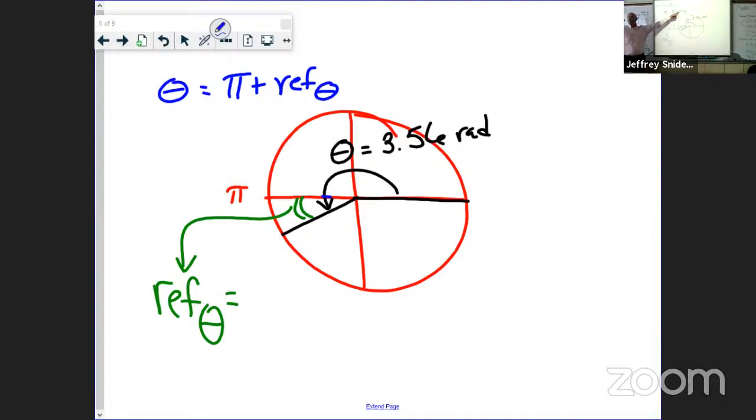Solve this. If I gave you 5 equals 2 plus x, how, not what, how do you solve that? You subtract 2 from both sides. What do I do here? Subtract pi from both sides.